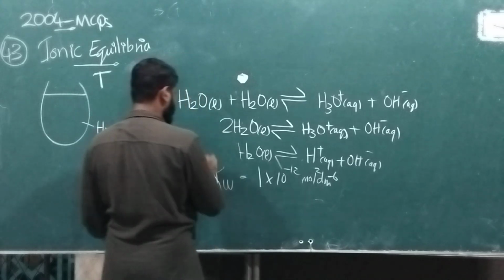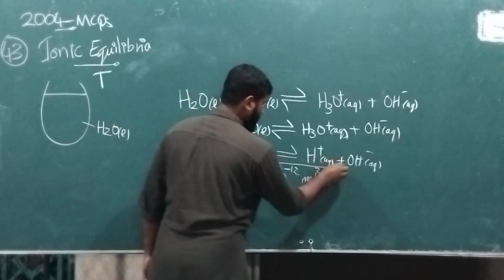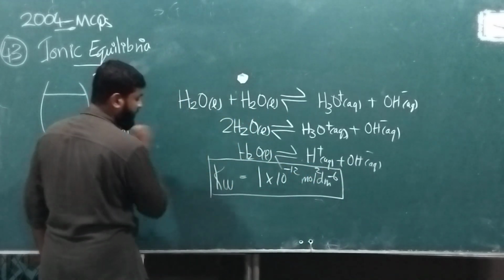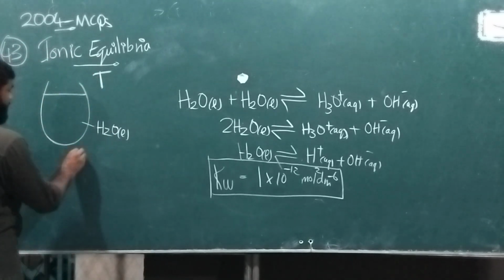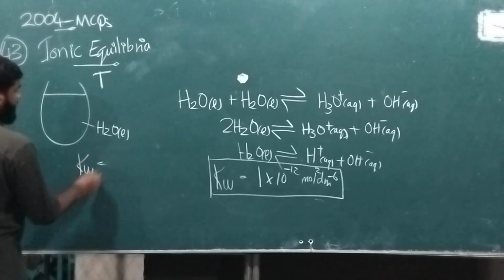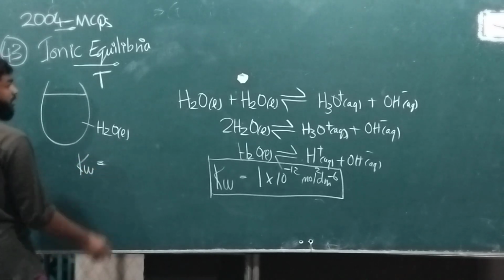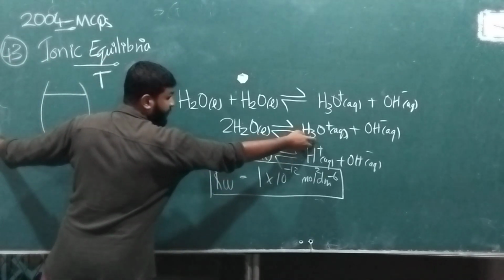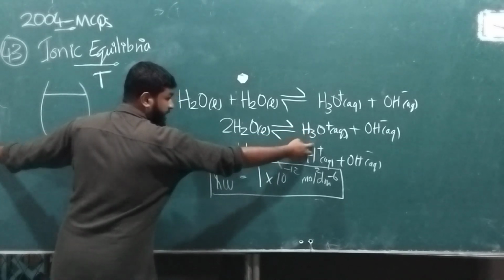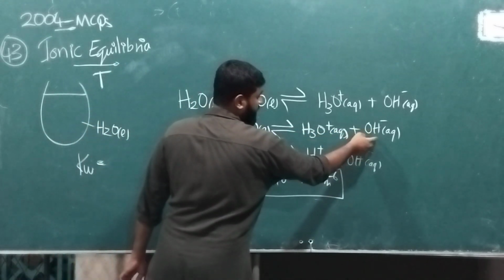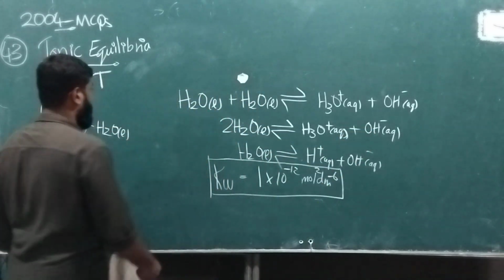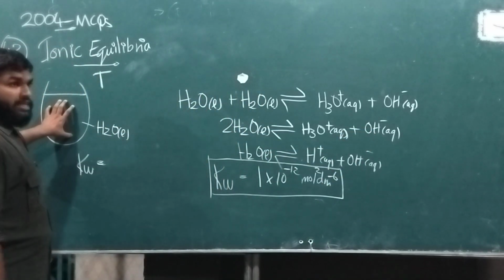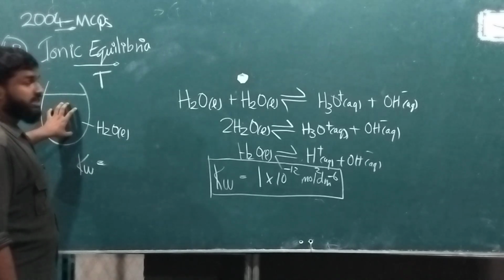What does this Kw mean? Kw is the ionic product of the concentration of H plus ion in the aqueous medium and the OH minus concentration in the aqueous medium. According to the solution they have given, we have only water.